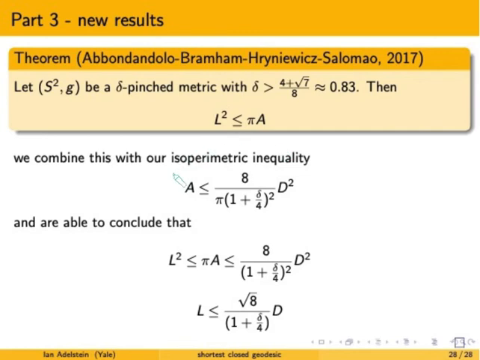So we combine it with the isoperimetric inequality from the previous slide in the pinched curvature setting. And just like lining these inequalities up, we get that the length of the shortest closed geodesic squared is bounded above by pi times the area, which is then bounded above by this constant times the diameter squared. And taking the square root of both sides, this is how we formulated the second of our main results.